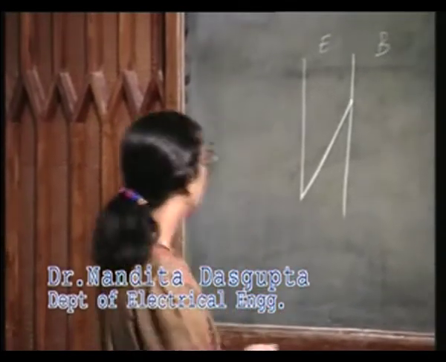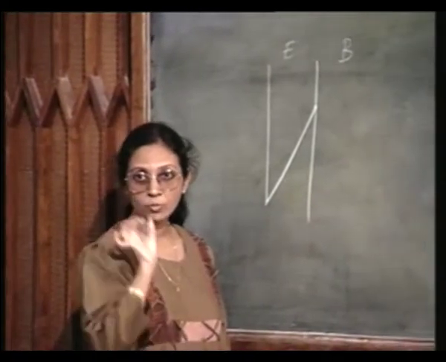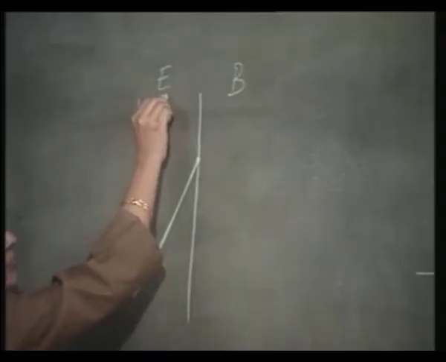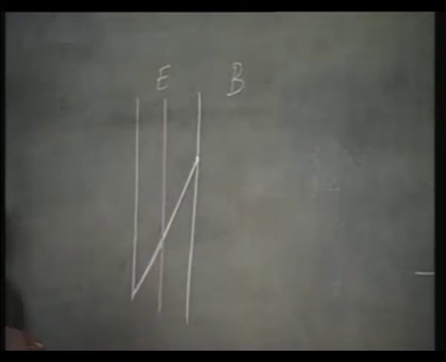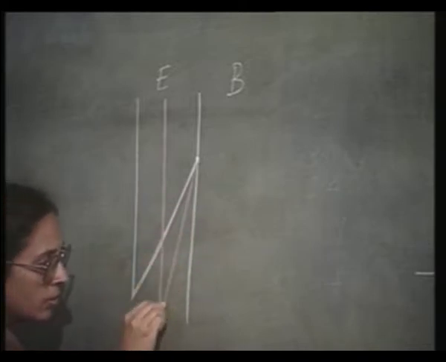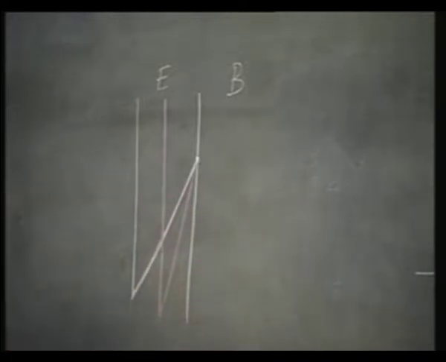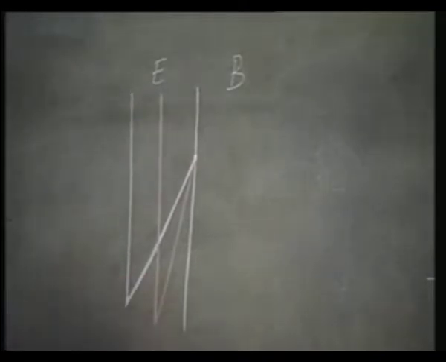Now, if I have a shallower emitter base junction, that is, if I have a smaller emitter region, I have the same hole concentration, and now it must go to 0 here. That means I have a steeper slope if I want to have a narrower emitter, a shallower emitter base junction.